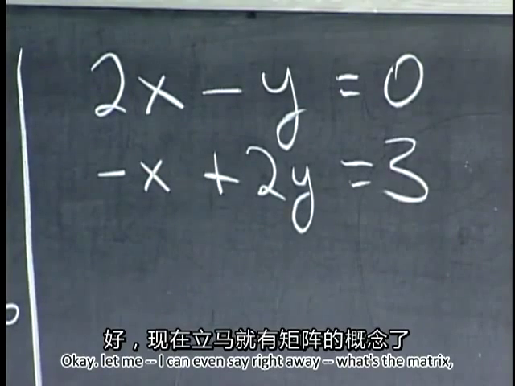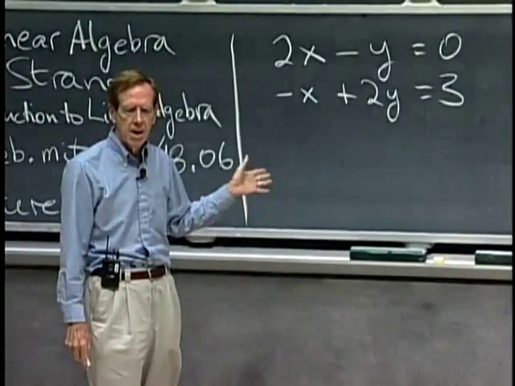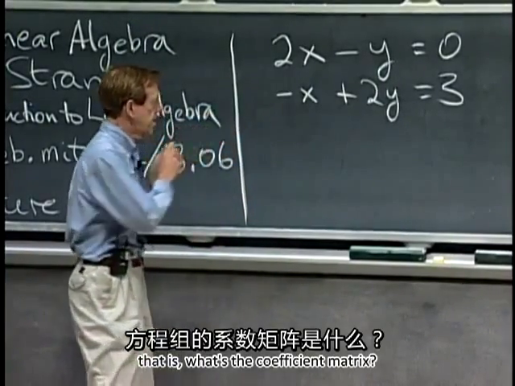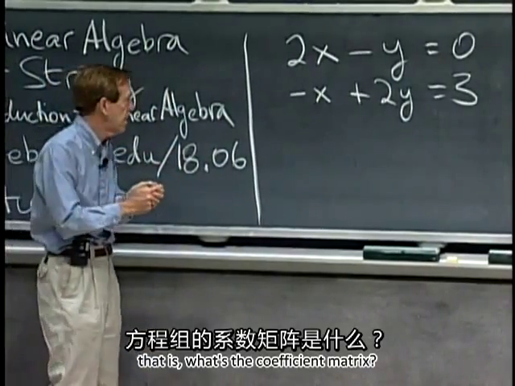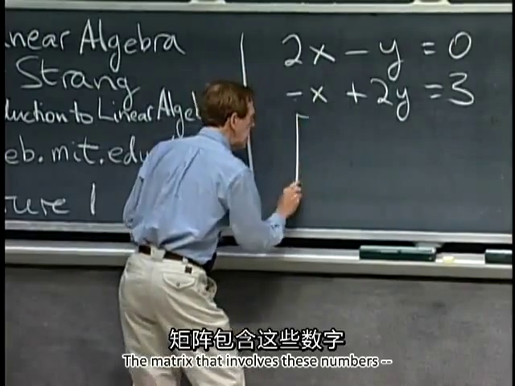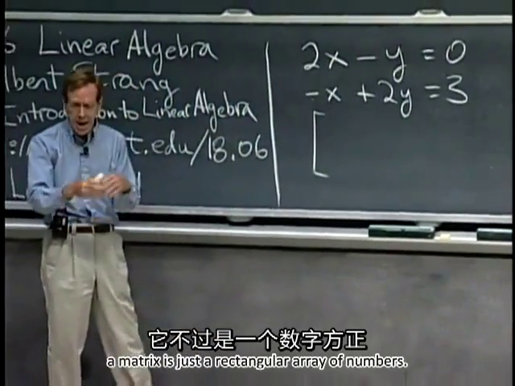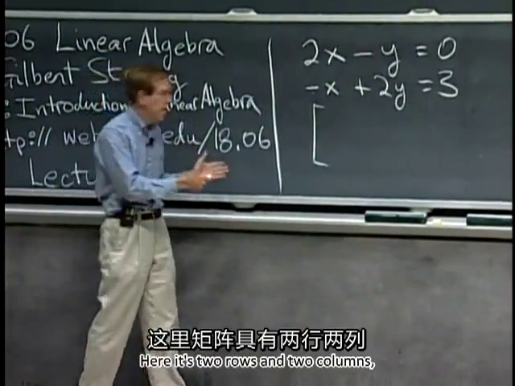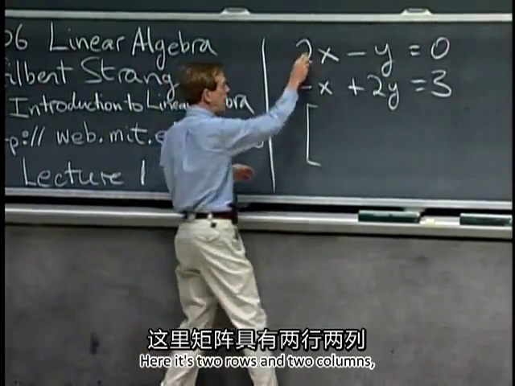I can even say right away, what's the coefficient matrix? The matrix that involves these numbers. A matrix is just a rectangular array of numbers. Here it's 2 rows and 2 columns.